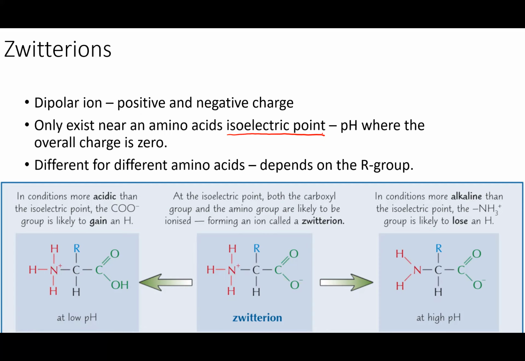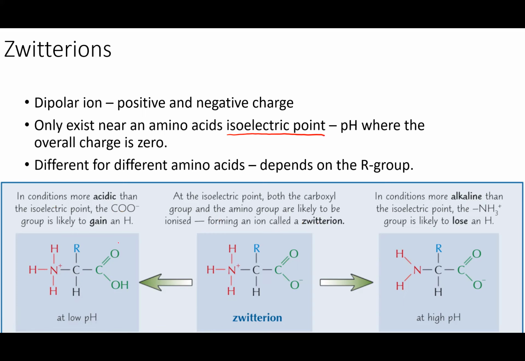So here's our Zwitter ion in the middle. At the isoelectric point, both our carboxyl group and our amino group are likely to be ionized, and that is when it forms an ion called a Zwitter ion. Then, if we look at a low pH, in conditions that are more acidic than the isoelectric point, the carboxyl group is likely to gain a hydrogen.